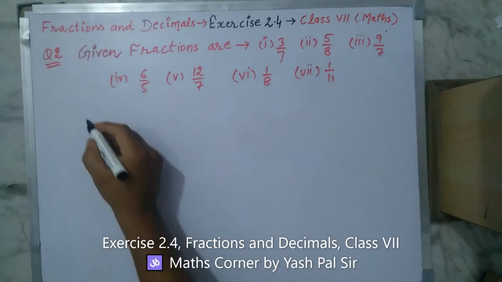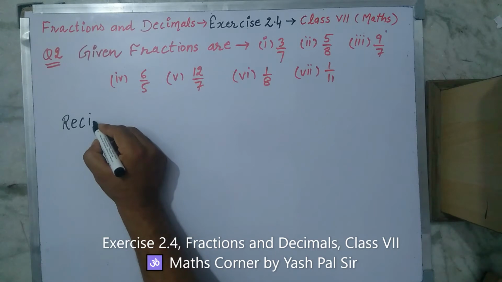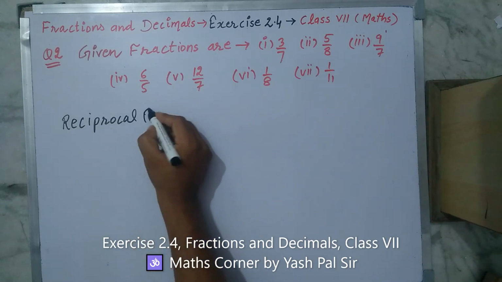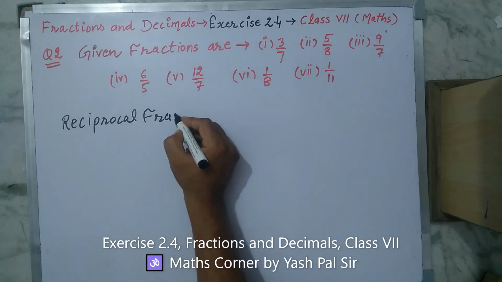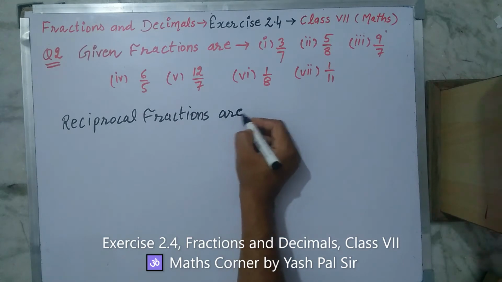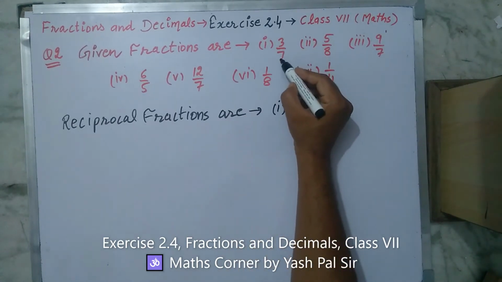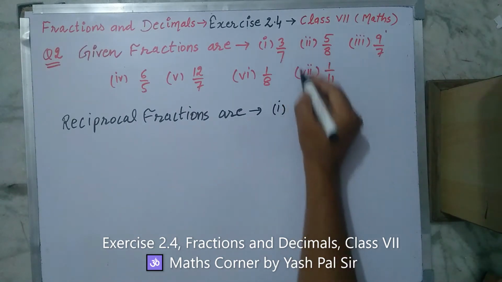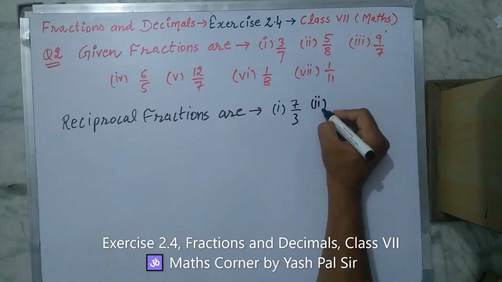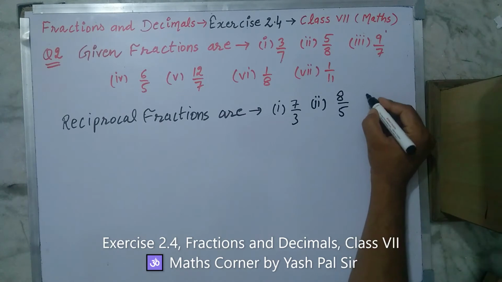Now the reciprocal fractions are: number 1, what is the reciprocal of 3 upon 7? This is 7 upon 3. Reciprocal of 5 upon 8 is 8 upon 5.